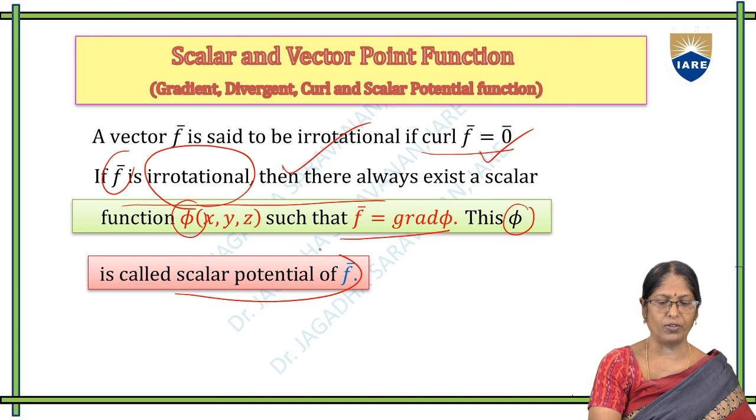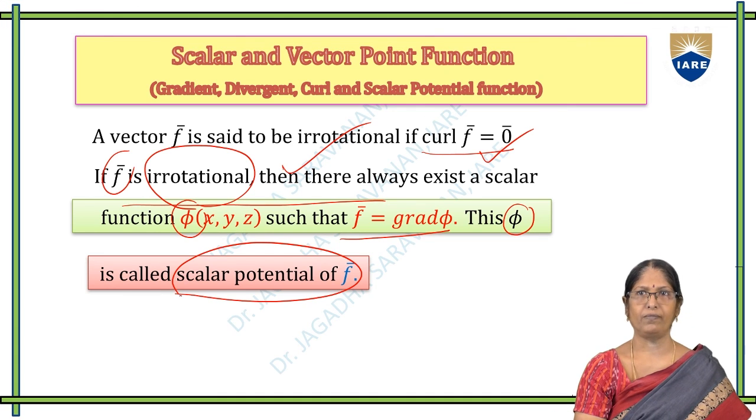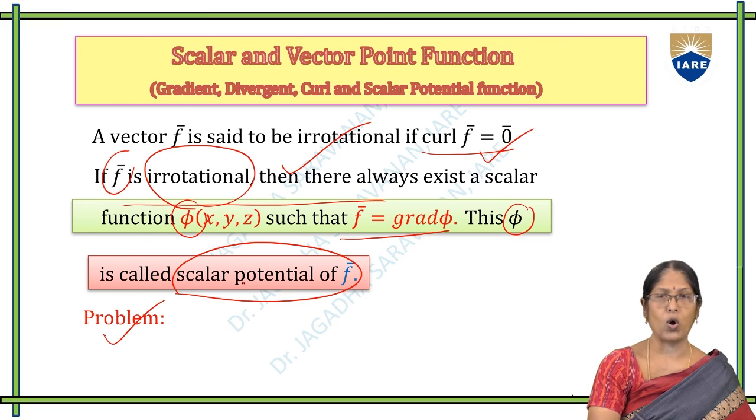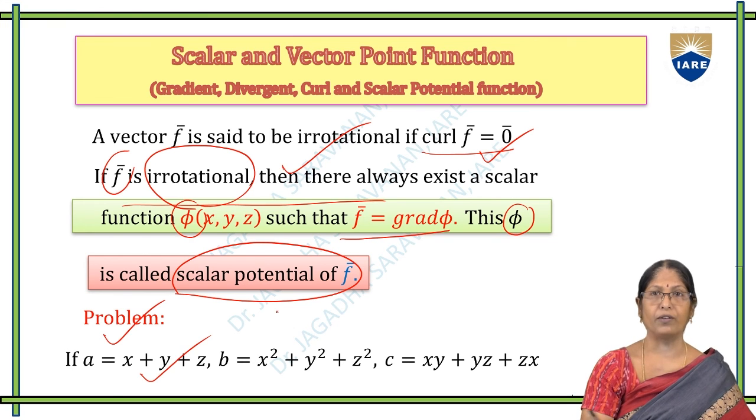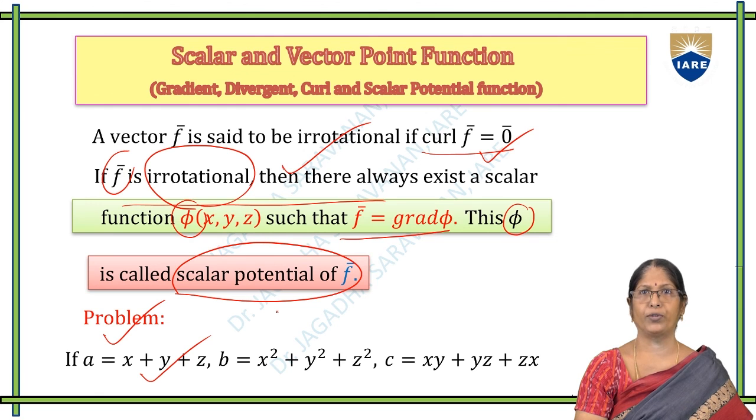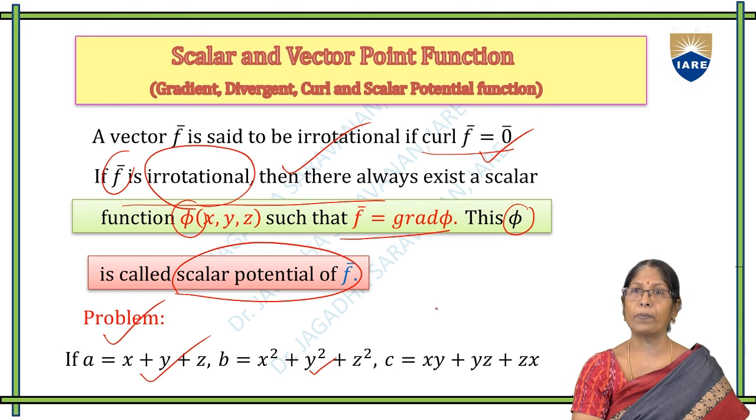So that's what is written here. So f bar equal to gradient phi. Now we will concentrate on the problem. The problem is: if A equal to x plus y plus z, B equal to x square plus y square plus z square, and C equal to xy plus yz plus zx.